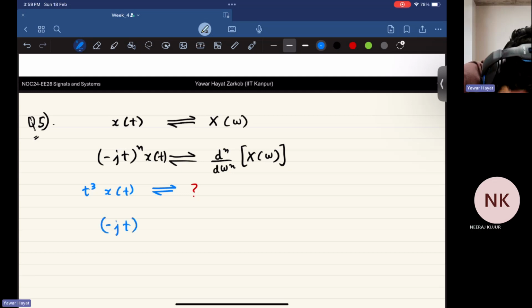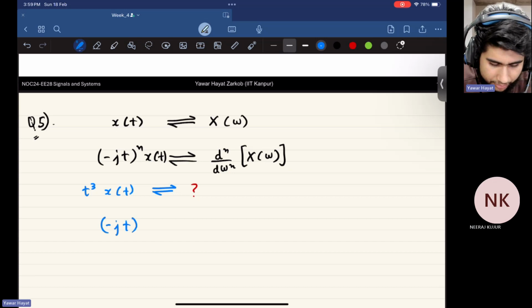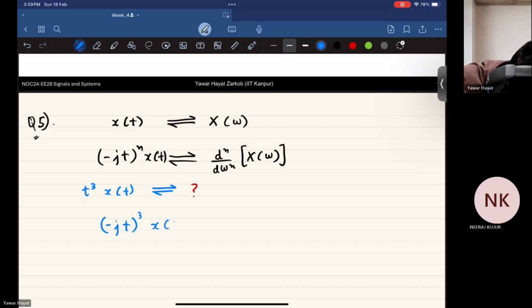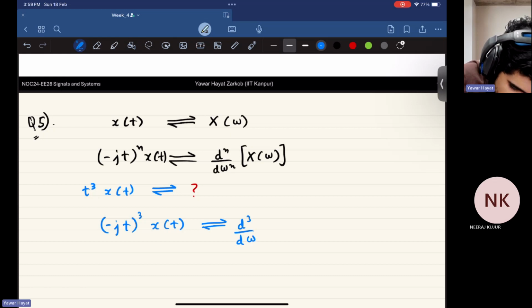Minus jt. I'll use 3 instead of n because I have a t cube. So x of t and a third order derivative with respect to frequency of x of omega.